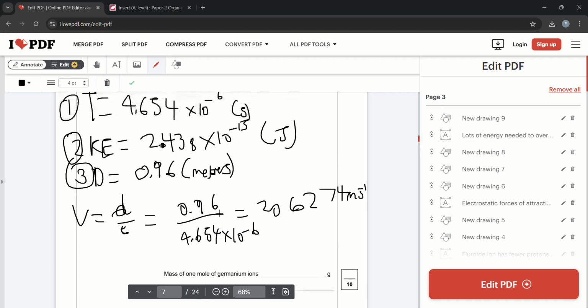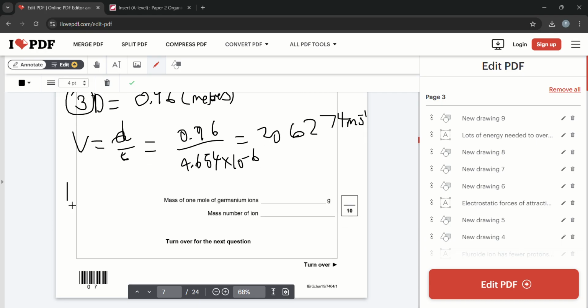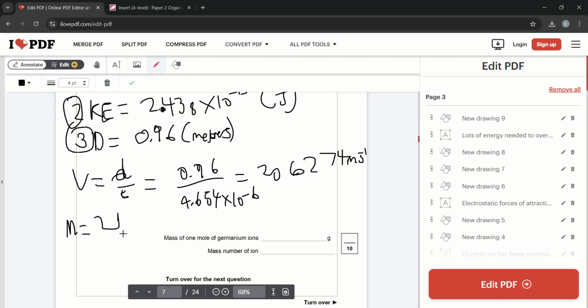Now we can find out the mass, because if we just rearrange it, mass is 2 KE over v squared, where we have now found the velocity.